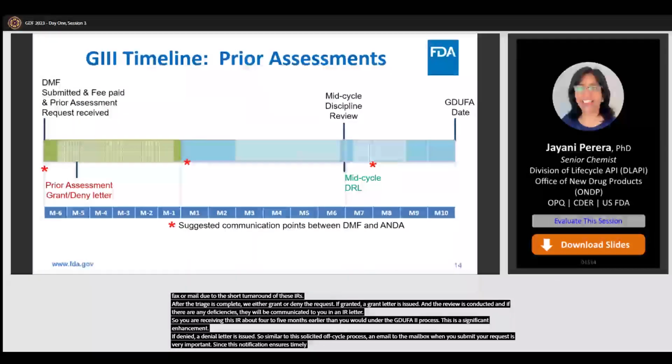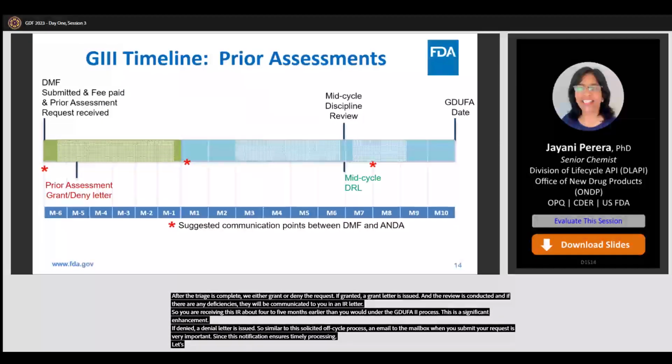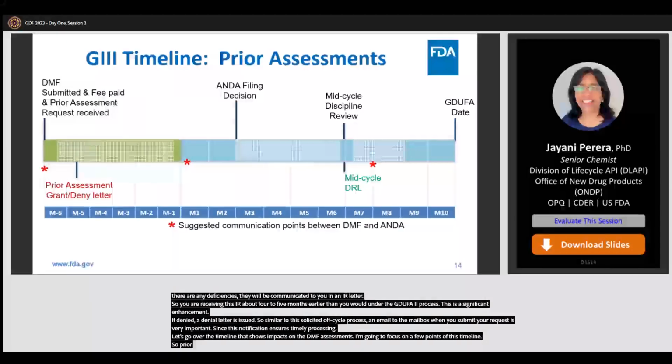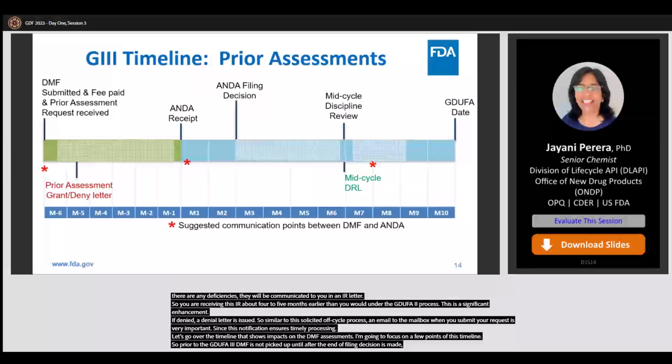So let's go over this GDUFA III timeline, which clearly shows the impact of prior assessments on the DMF assessments. I'm going to focus on a few points of this timeline. Prior to GDUFA III, a DMF is not picked up until after the ANDA filing decision is made, which is about 2 months after the ANDA is received.